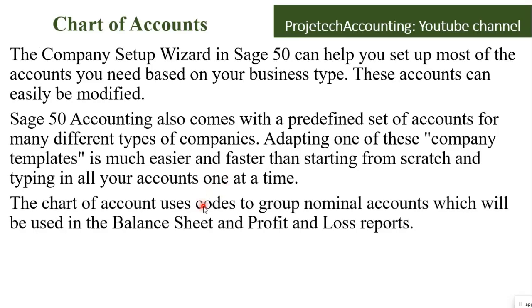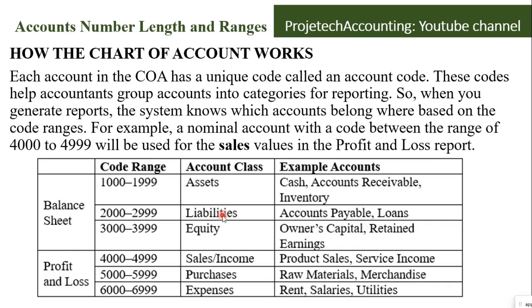The chart of accounts uses codes to group nominal accounts, which will be used in the balance sheet and the profit and loss report. Each account in the chart of accounts has a unique code called the account code, and this code helps accountants group accounts into categories for reporting.